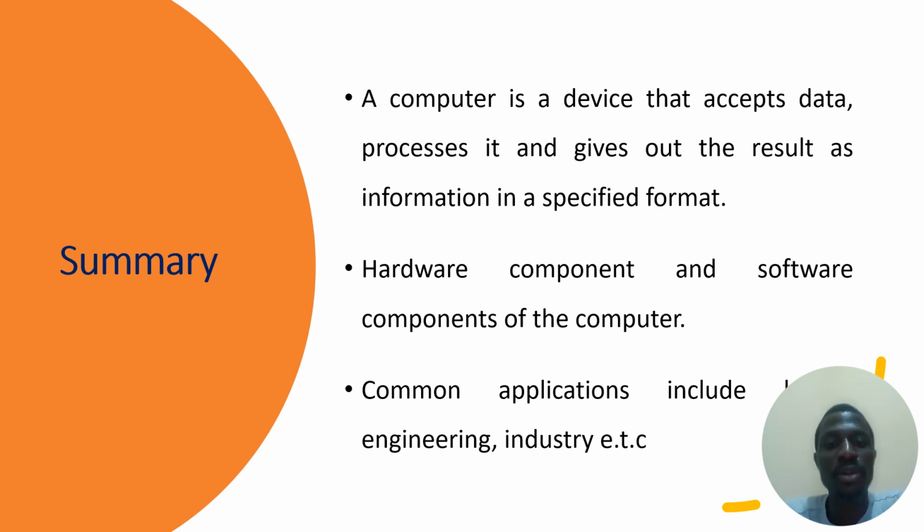We have the hardware components, which are the physical parts of the computer, like your mouse, your keyboard, and your speakers, and we have the software component as well, which involves the set of programs like your operating systems, such as Windows, Mac OS, and Ubuntu, and other application software like Microsoft Word and graphical packages like CorelDRAW, and a host of others. Then we discussed the common applications, which include engineering, industry, and a host of others.